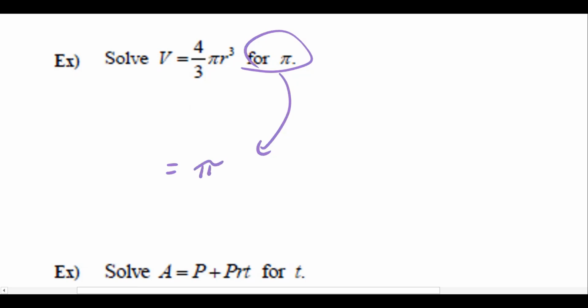So I go back up and I notice that this is one term and it's got factors of the 4/3, a pi, and a factor of r cubed. So if those are my factors, then I want to get rid of the 4/3 and the r cubed.